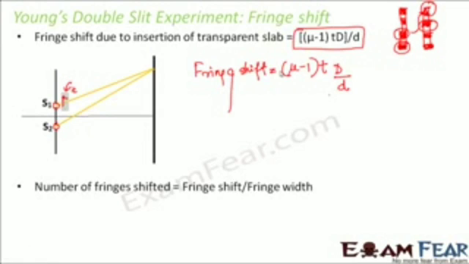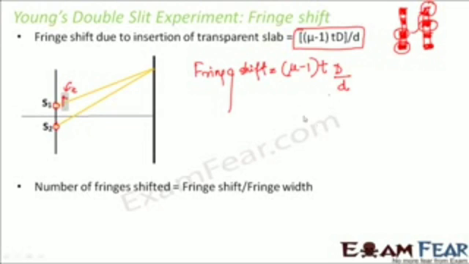Now, if I ask you how many fringes got shifted, in the sense that, let's say this fringe was here, and it got shifted by 2 fringes, or by 4 fringes or 6 fringes, how do we know how many fringes got shifted? That's pretty simple: fringe shift divided by fringe width. How do we get this formula?